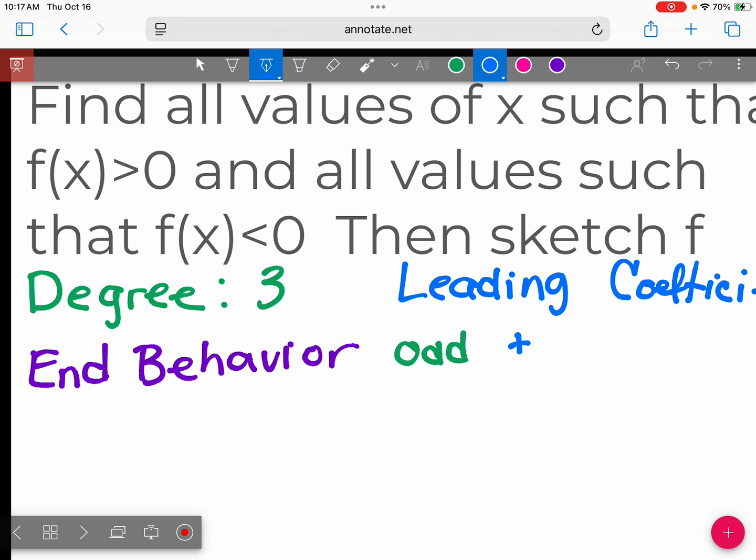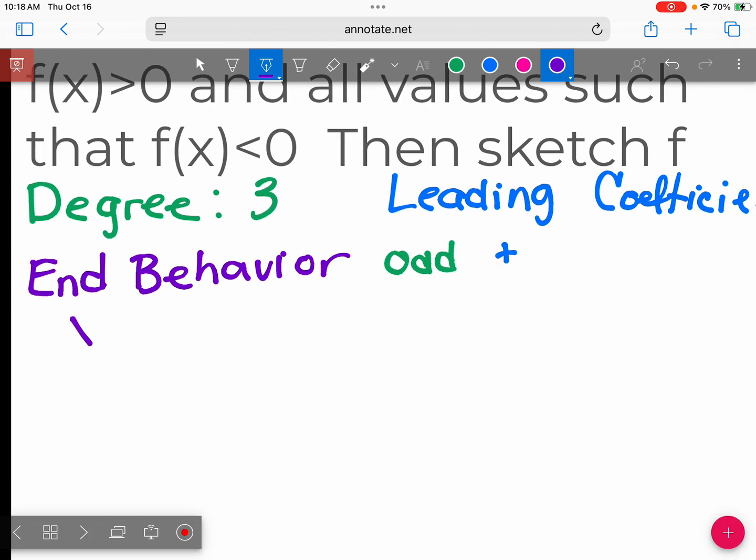Our degree is 3, which is an odd number. So from that, we can do our end behavior, because I know that for my right arrow, as x approaches positive infinity, y is going to have the same sign as my leading coefficient. My y is going to go towards positive infinity. If it helps you, you can put the little plus sign right there. It's matching the sign of our leading coefficient.